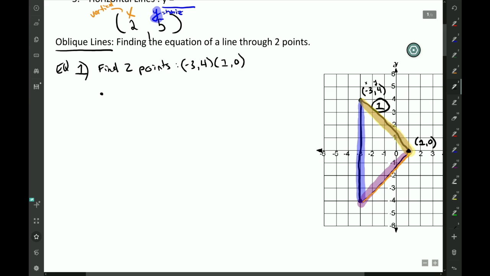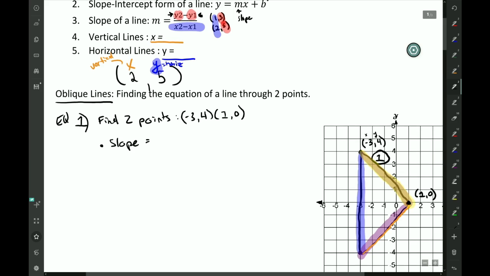Step number 1, we have to find the slope. Slope is equal to, again, y2 minus y1, so there are my y's in red, or 0 minus 4, all over x2 minus x1, or 1 minus -3.